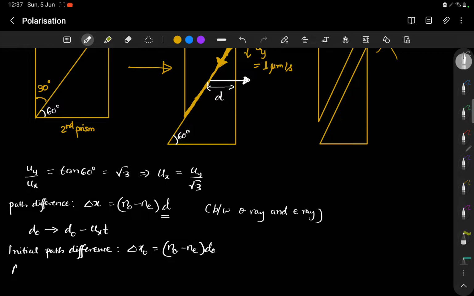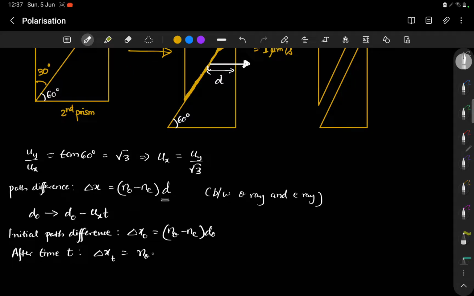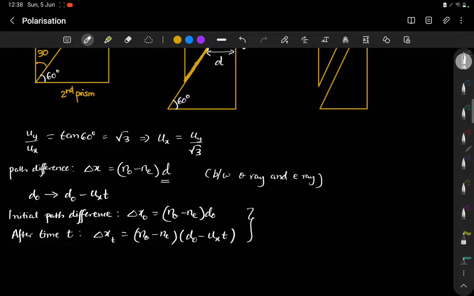And then after time T, the path difference would be as a function of T. So the actual difference between these two path differences would be as follows.